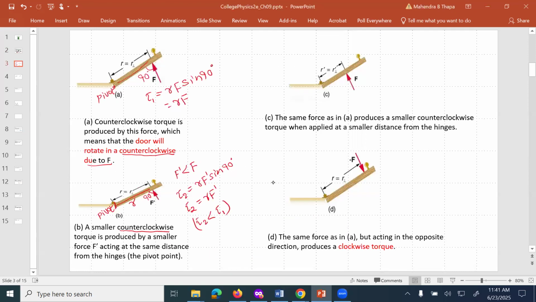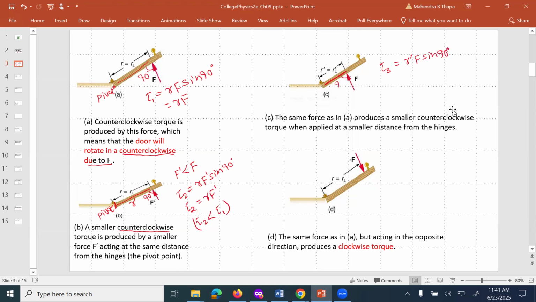Let's go to example C. In this case, force is the same, but this time that distance is comparatively less. So we call it R prime F sine 90 degree.